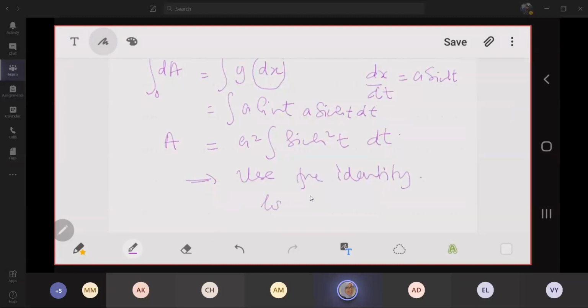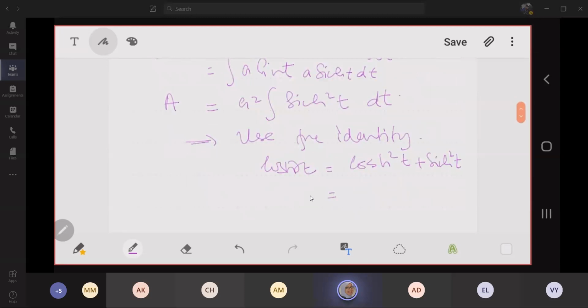So you have cos 2t is equal to cos squared t minus sine squared t. You change the sine: either you get sine squared is equal to 1 minus cos squared.